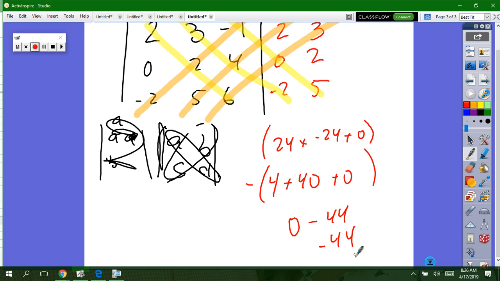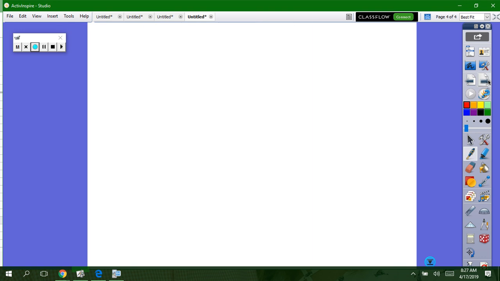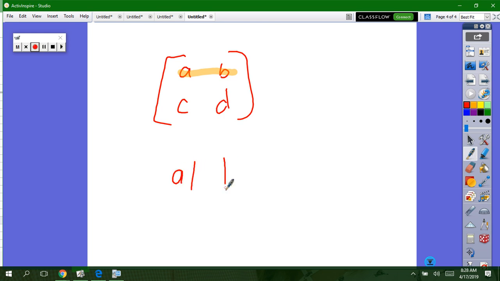And the reason, ladies and gentlemen, let me just show you again. The reason, remember, to find a determinant, okay, you pick a row or a column, right? I'm going to pick this row. Okay? So notice, I have A times the determinant. What number is left over? I get rid of him and him, D's left over, right? What's the determinant of D?